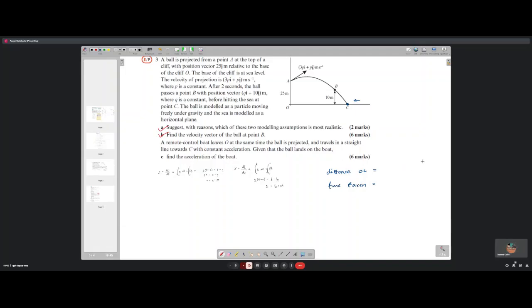So how long did you find in terms of time? How long would it take to get from O to C? Not 2.54, it would be 2.5056. So be very careful. Did you use 9.81? Okay, it should be fine then. Okay, no, then that's correct. And what about the distance, OC?